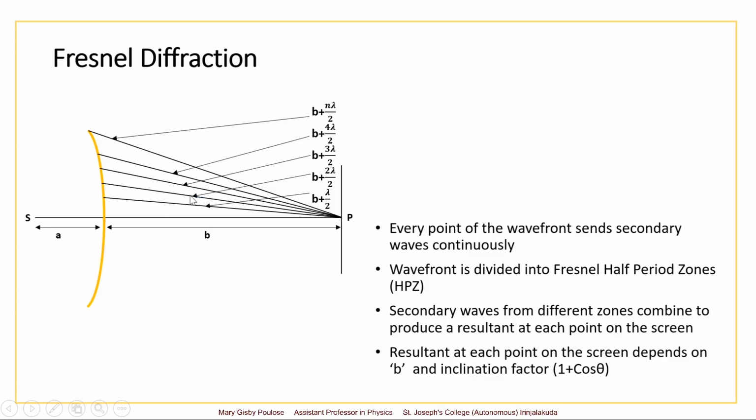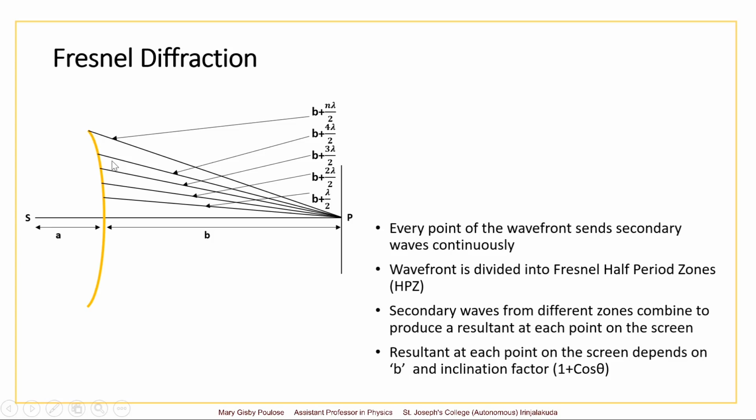The next line is drawn at b plus twice half wavelength. The third line is drawn at b plus thrice half wavelength. The fourth line is drawn at b plus 4 times half wavelength. Likewise, till the end of the spherical wavefront, we draw the lines, and the last line can be assumed to be at a length of b plus n times half wavelength.